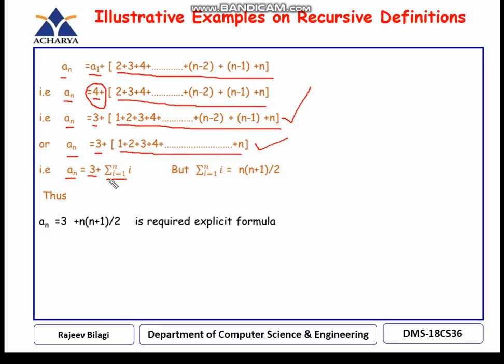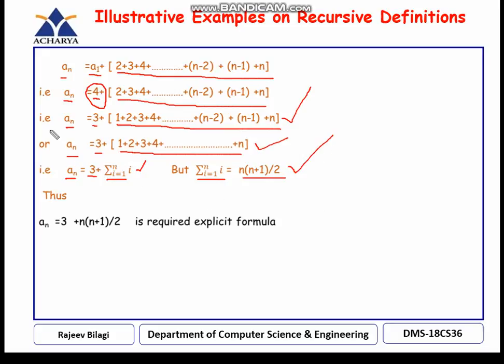So that is sigma i equal to 1 to n of i. But I know that sigma of i equal to 1 to n of i is n into bracket n plus 1 by 2.